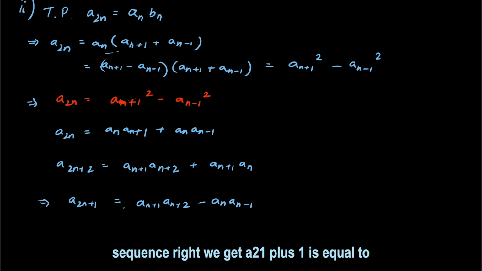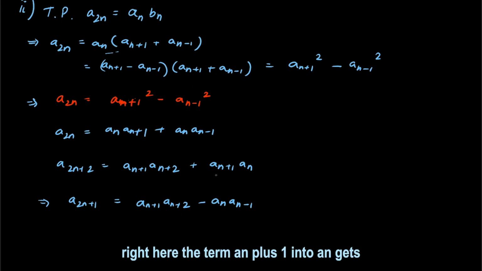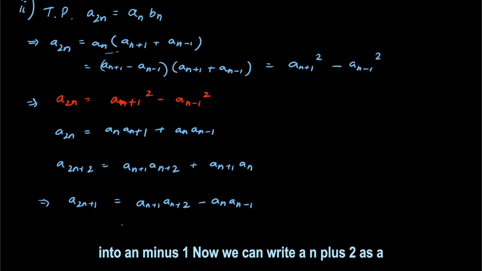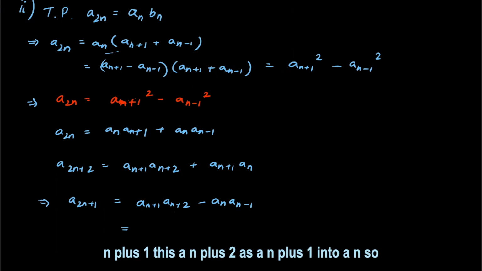So we get A2n plus 1 is equal to An plus 1 into An plus 2, which is this term right here. The term An plus 1 into An gets cancelled by this term, and we have minus An into An minus 1. Now we can write An plus 2 as An plus 1 plus An.